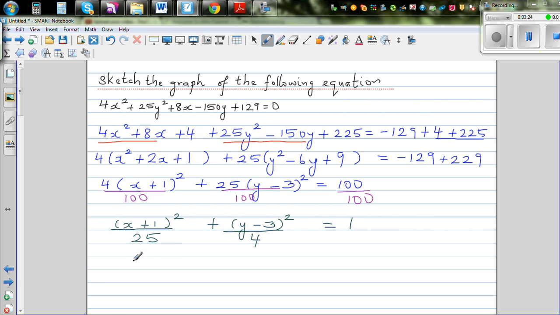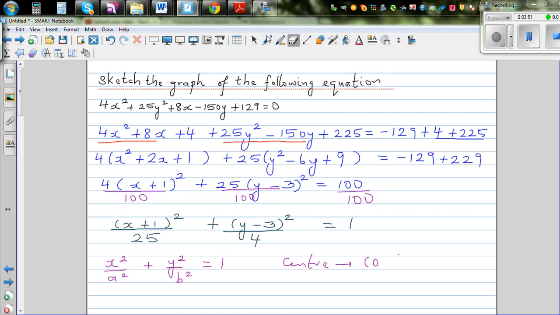So this is similar to the equation of the ellipse. Let me write the equation of the ellipse. The equation of the ellipse centered at 0, 0 is x squared over a squared plus y squared over b squared is equal to 1.